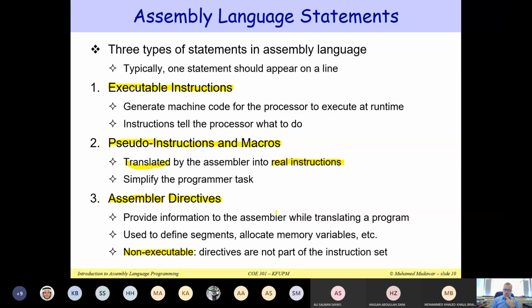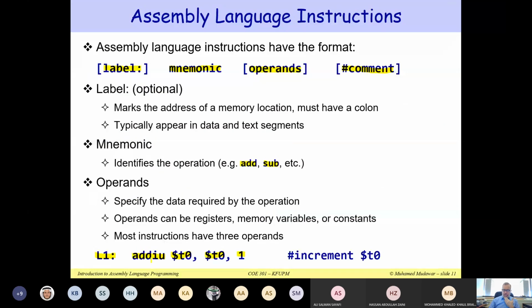So what I would like to do in this instruction is increment the value of register T0. So I'm going to add T0 plus 1 and place the result in T0. That's what this instruction does. It will increment the value of T0 and place the result back into the same register T0. You could have written the result into a different register. And notice that one here is an immediate.